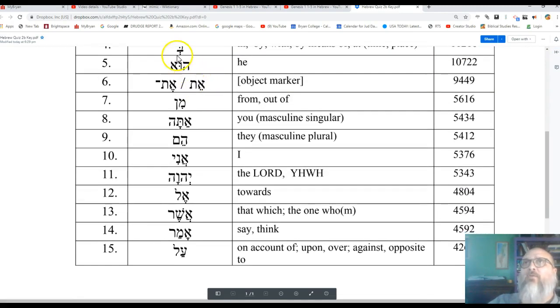Then we get to this fun word, who, which is the Hebrew word, he. And my Hebrew professor told me that Hebrew is the only language where who is he, and he is she, and me is who, and dog is fish.